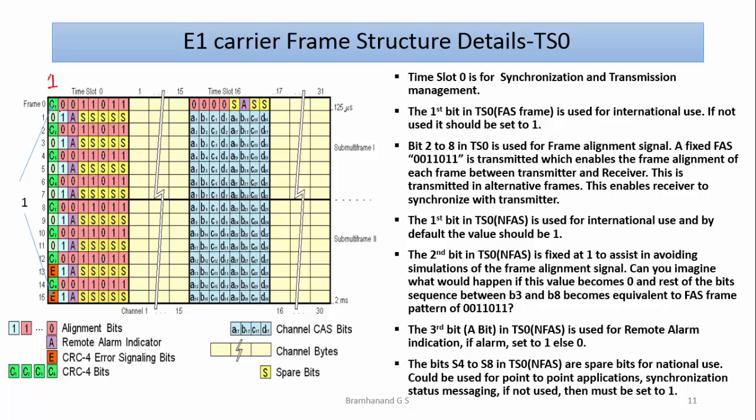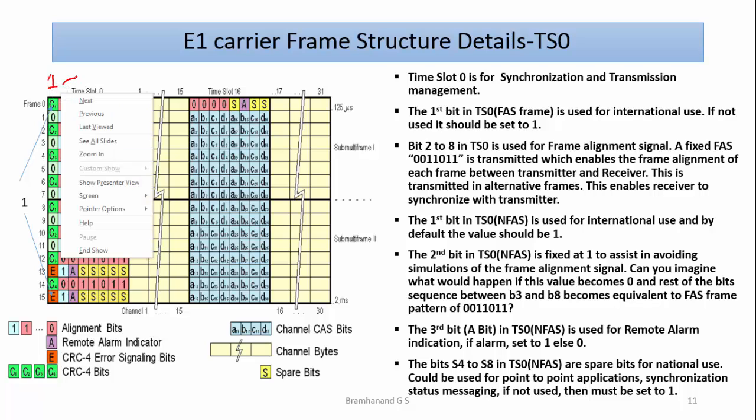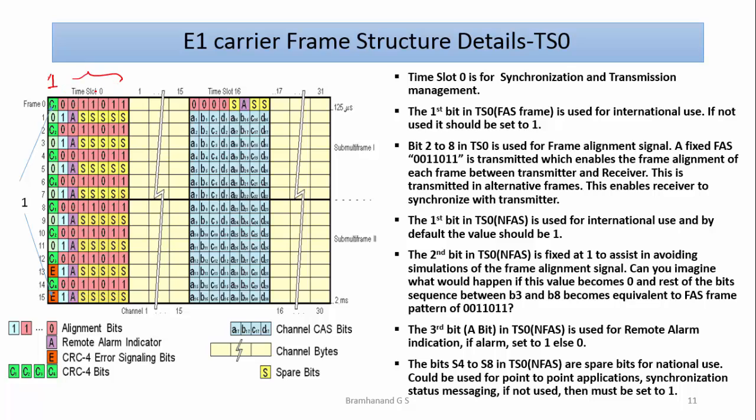In time slot 0, from bit number 2 to bit number 8, this is what is called the frame alignment signal. You will notice this is common: 0011011, a standard word which indicates the frame alignment signal.